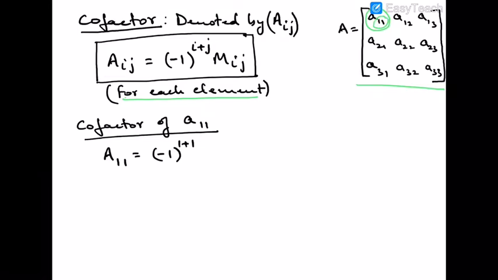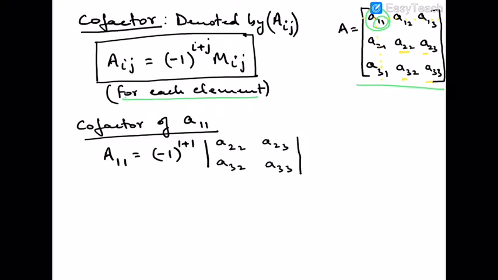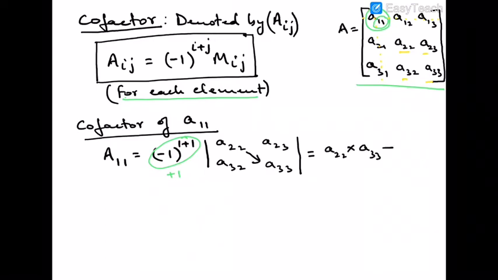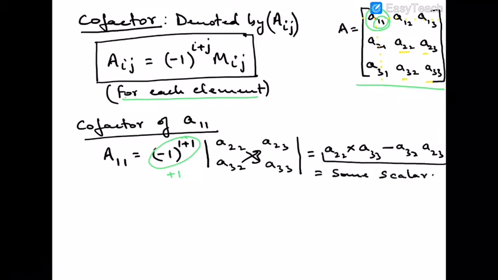Now for M11, eliminate first row and first column and write down the remaining 4 elements, and these are a22, a23, a32, a33. Now the value for minus 1 to the power 2 is plus 1. So we just cross multiply a22 with a33 minus a32 with a23 and we will get some scalar quantity.